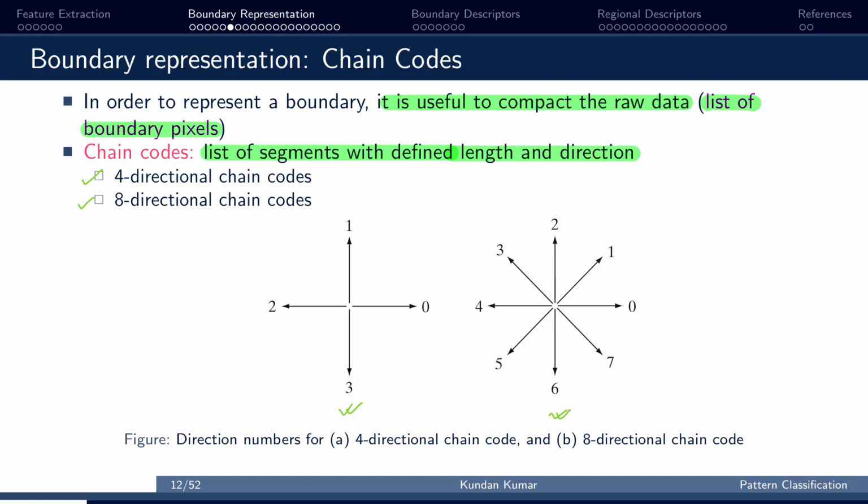So note down here that we start from this position, that is the positive x-axis when we correlate with the Cartesian coordinate system. And we will move in the anti-clockwise direction. So when we consider only the 4 neighbors, then it will be the 4-directional chain code, and if we scan all 8 neighbors, then it will be the 8-directional chain code.